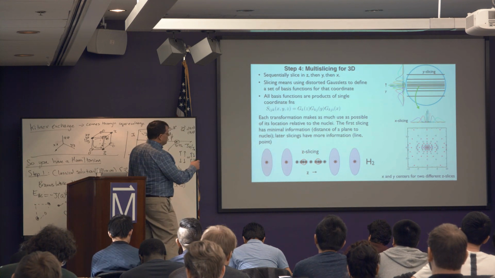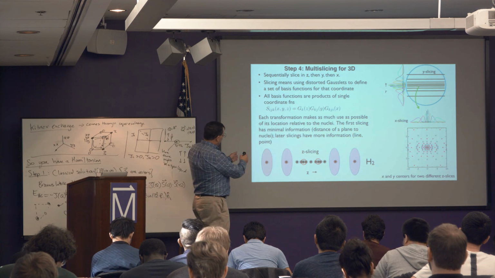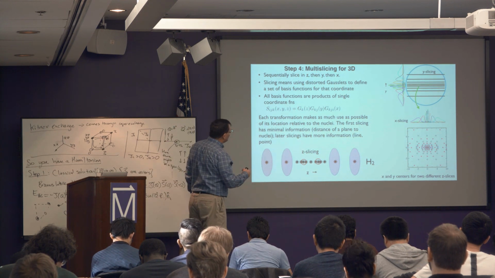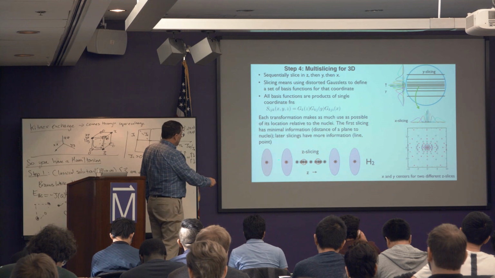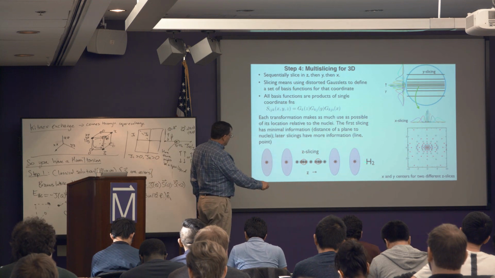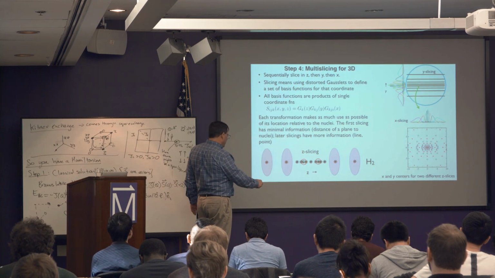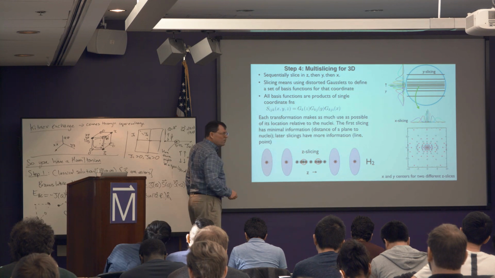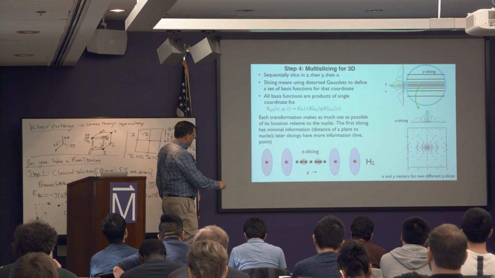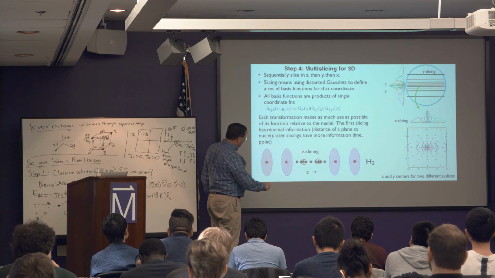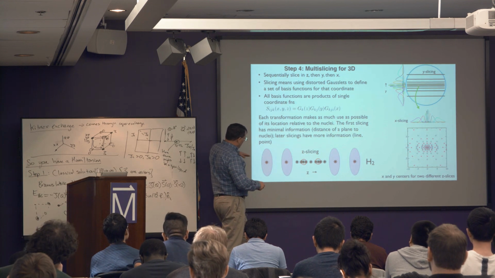Okay, but we can adapt the coordinate transformations depending on where we are. So we think of it as slicing. So here's this picture of slicing. This could be just the slice basis, and say there's some atoms here. We're going to do the coordinate transformation so that we bunch up the functions. First we're just thinking of it as a 1D problem.